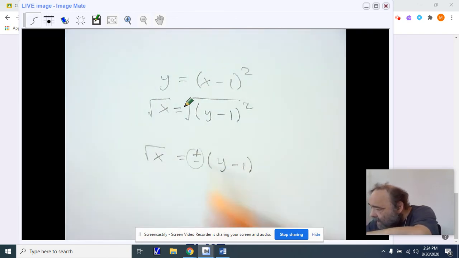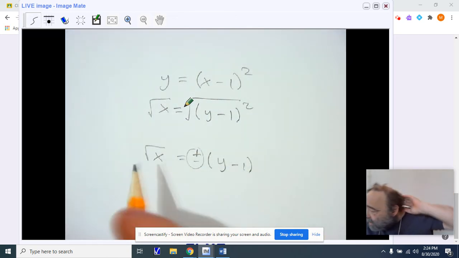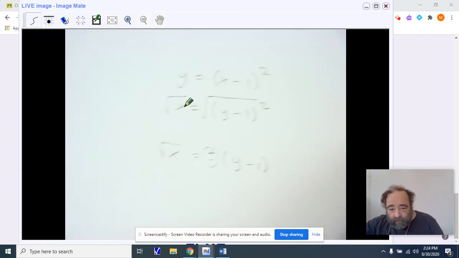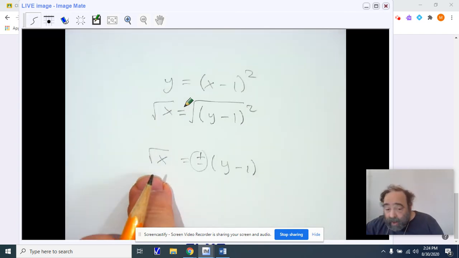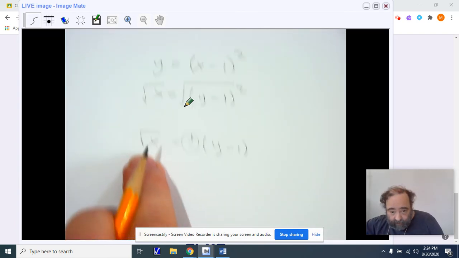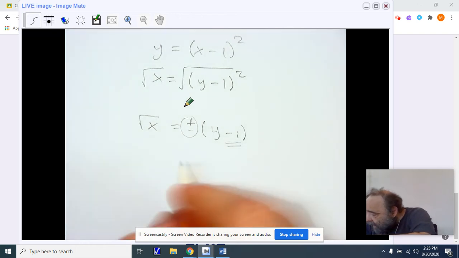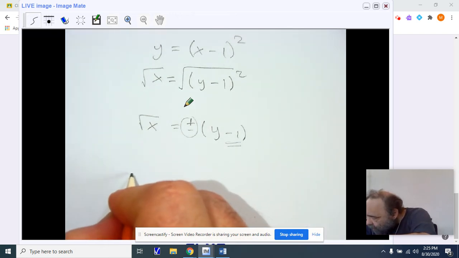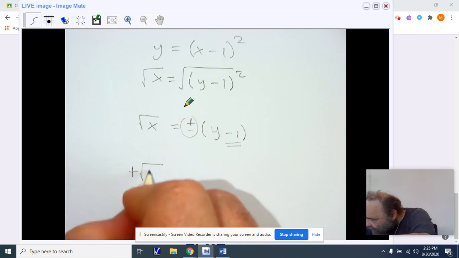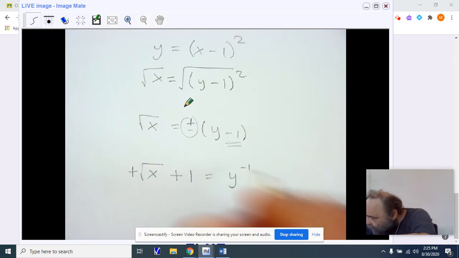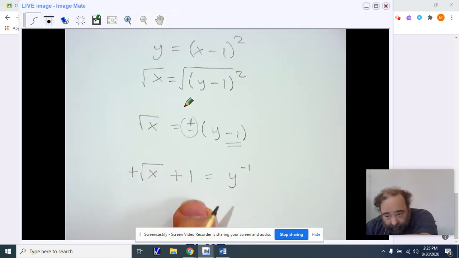Notice this plus or minus right here from the square root of something squared came from an absolute value. And that means that this is either a positive root x or a negative root x. The positive root x goes up, the negative root x goes down, and this will represent our horizontal shift. So we have a positive root x plus 1 equaling our inverse. And this is the top portion.